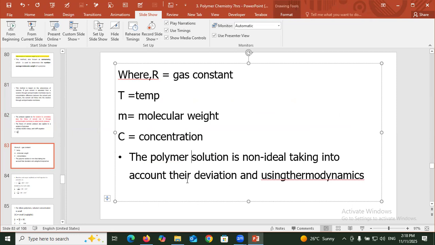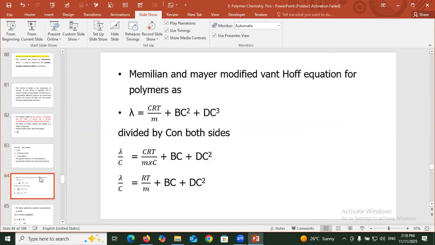Taking into account their deviation and using thermodynamics, Flory and Huggins modified van't Hoff's equation for polymers: pi equals CRT over M plus BC squared plus DC cubed.